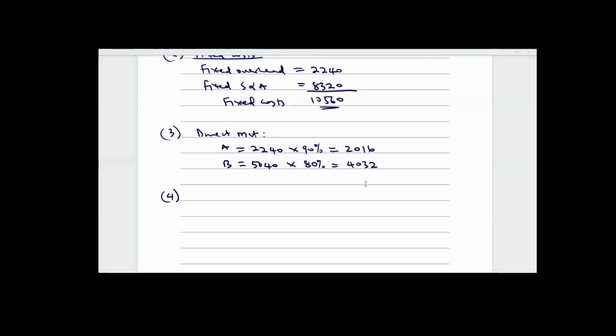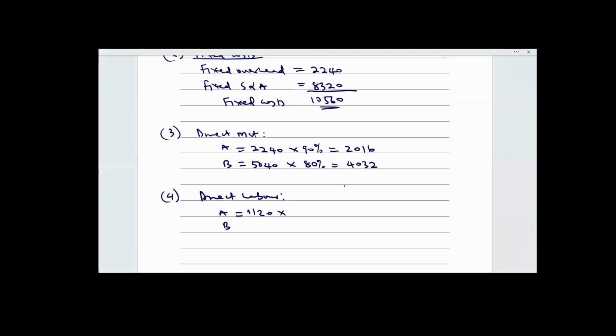We are now told in the same way that direct labor cost for each product will increase by 10%. Direct labor for A and B. So how much is direct labor cost? Total direct labor cost for A is 1120. We are told that we increase by 10%.